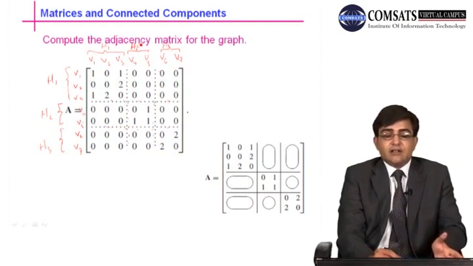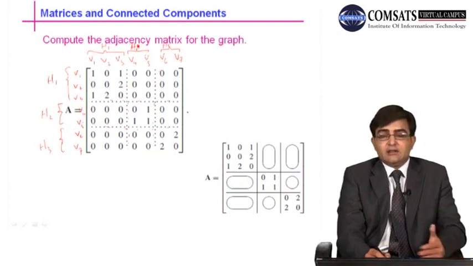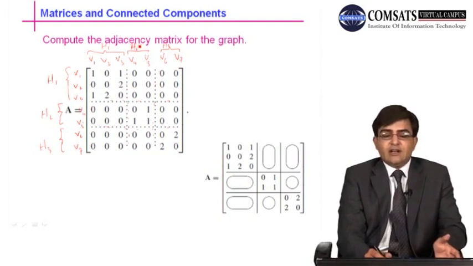The vertices of one connected component cannot be connected to vertices of another connected component, so we directly write 0 here. So these lines basically represent the connected components.